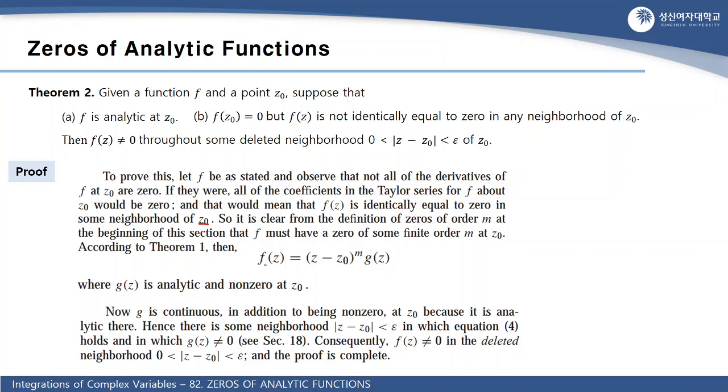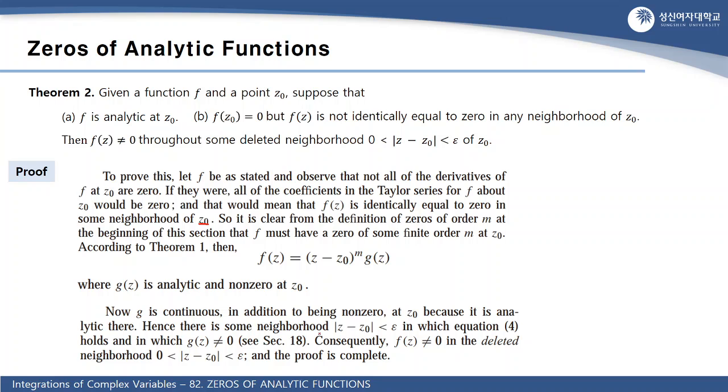Then we have f(z) = (z - z₀)ᵐ g(z). Here g(z) is analytic and non-zero at z₀. Now g is continuous in addition to being non-zero at z₀ because it is analytic there.